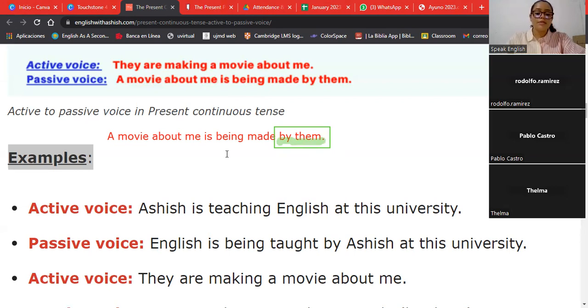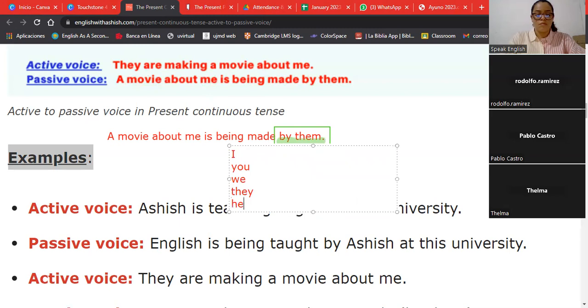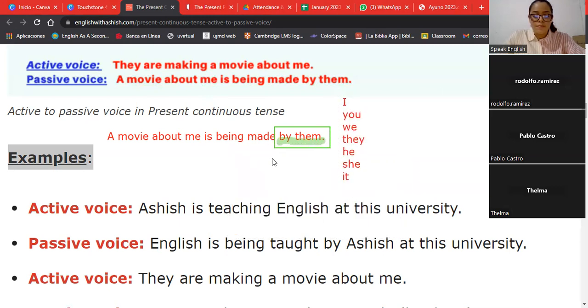I'm going to put a list over here. These pronouns that I have over here, are these object pronouns or subject pronouns? They are subject. Subject pronouns, very good.